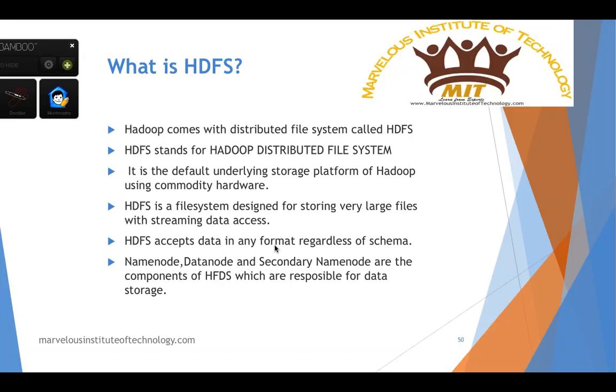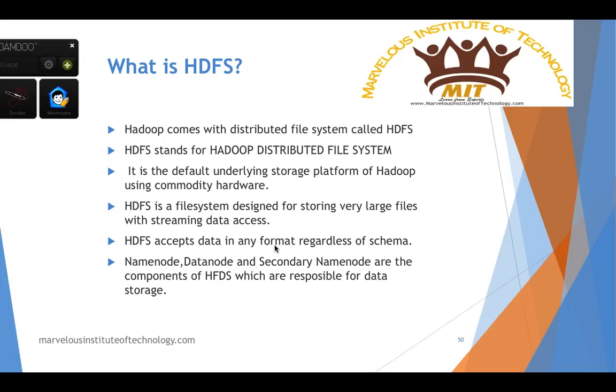In HDFS, the data will be stored across multiple machines. How will it store? As I said, HDFS follows a block-structured file system. The data will be stored in bigger HDFS blocks, not the small 4 KB blocks. In the cluster, the data will be stored in bigger blocks.